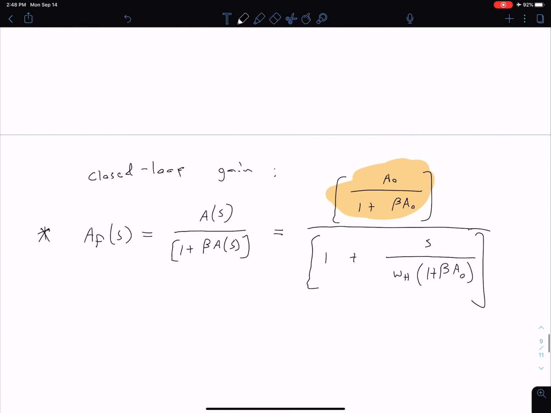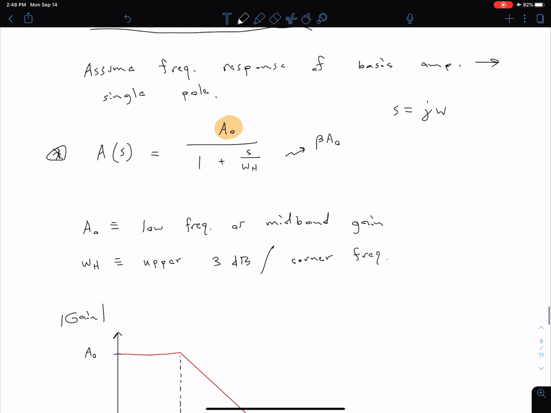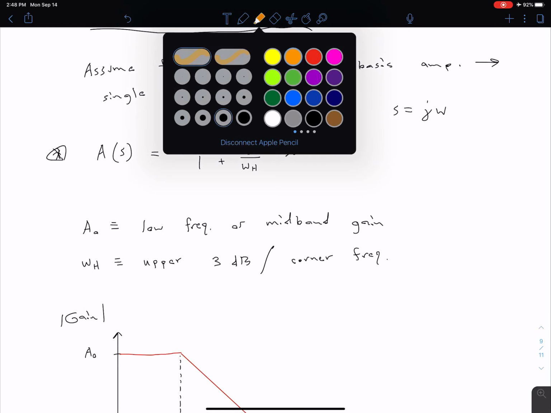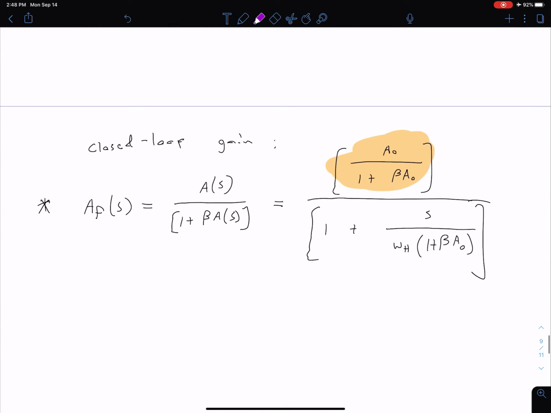Okay, so the next thing we want to look at is that corner frequency. So we see from this expression, our corner frequency was this omega h. So it's 1 plus s divided by omega h in the denominator. So let's compare that to this expression. So we have 1 plus s divided by some stuff. And so basically all this stuff then is our new corner frequency.